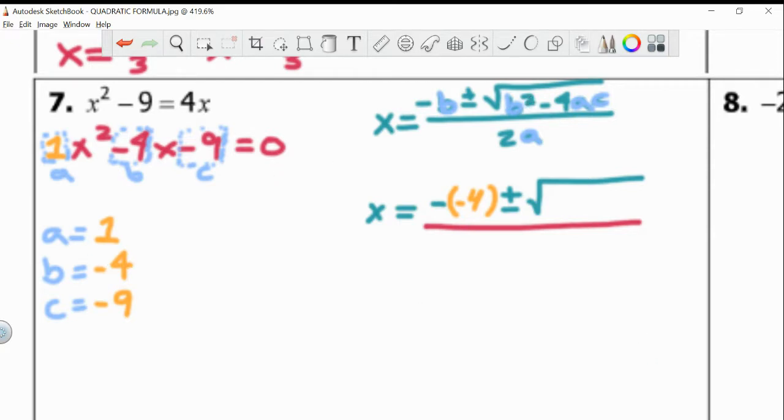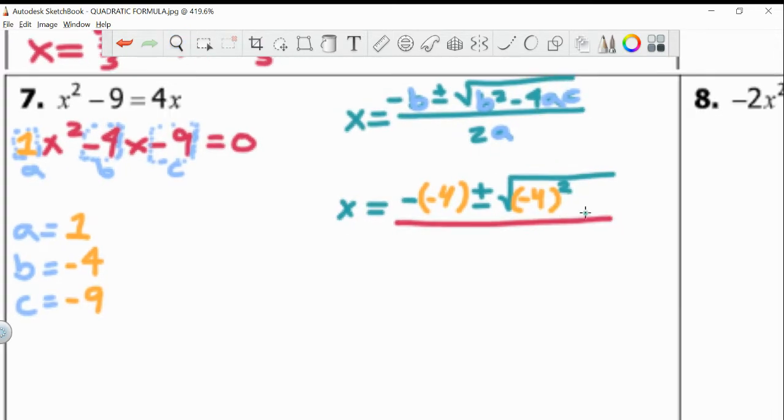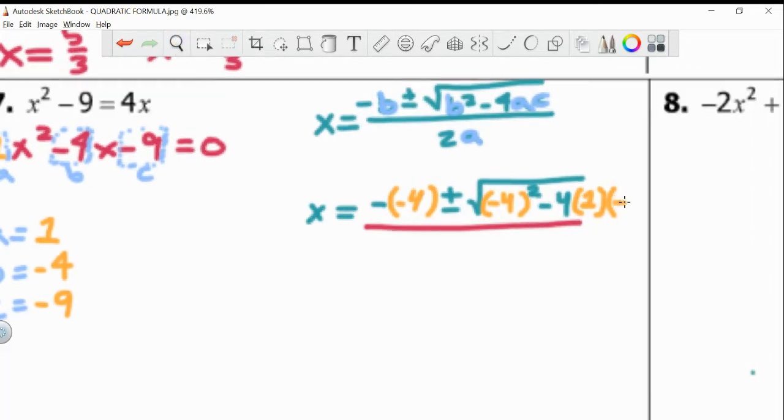So I'm going to need this, which is -4, squared. I'm going to need -4 times a, and a is 1. It's going to be pretty easy. Times c, -9.